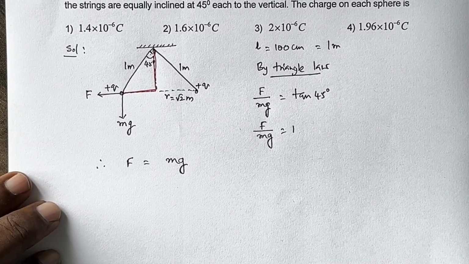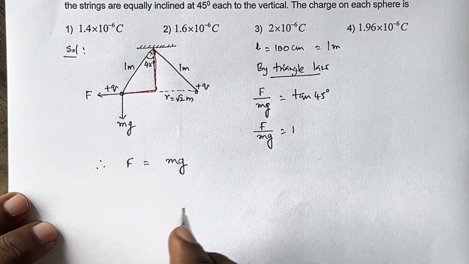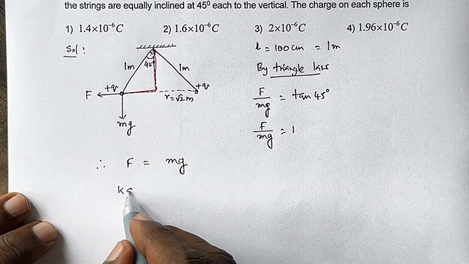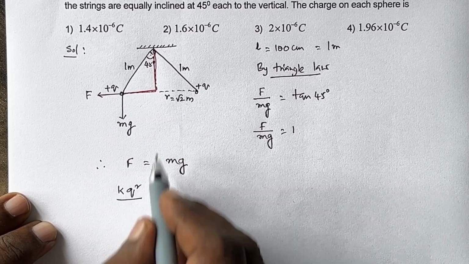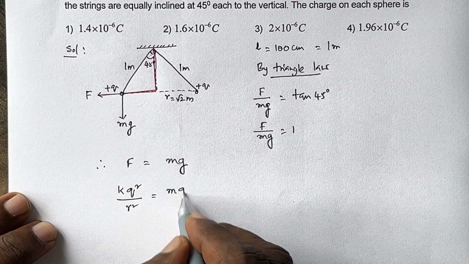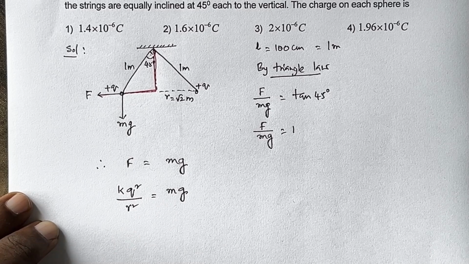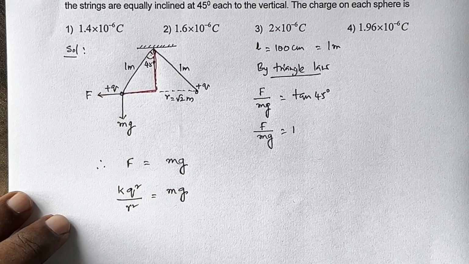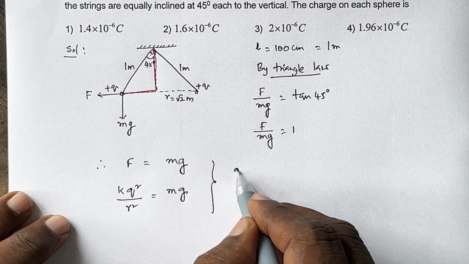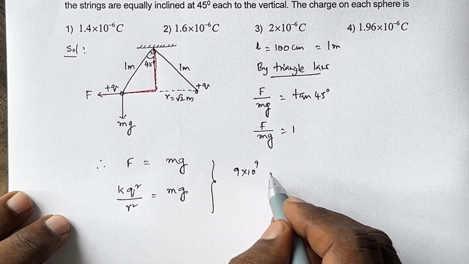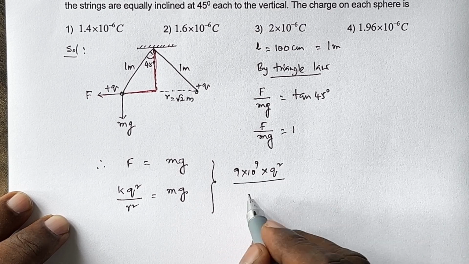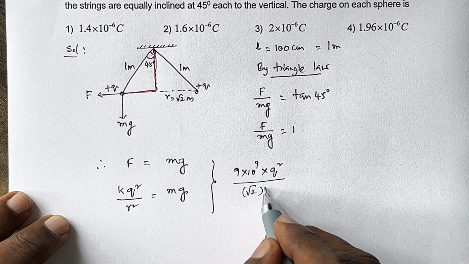So let us now write the values. K q1 q2, both are equal, so k q square by the distance r square is equal to m into g. Let us substitute the values here. The k value is 9 into 10 to the power of 9, q value we don't know, q square, by r value root 2 whole square.